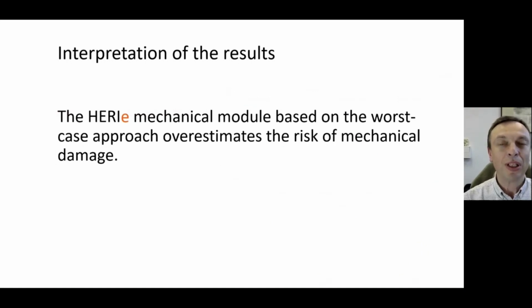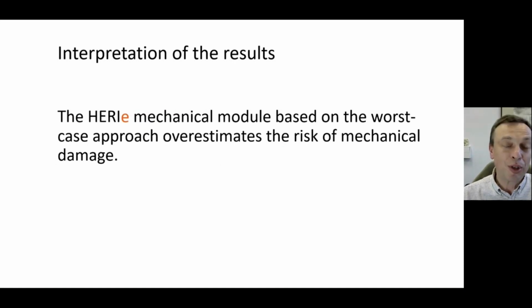And now at the end, I would like to say a few words about the interpretation of the results. As you have heard during this presentation, the HERIe mechanical module is based on the worst case approach, which overestimates the risk of mechanical damage.